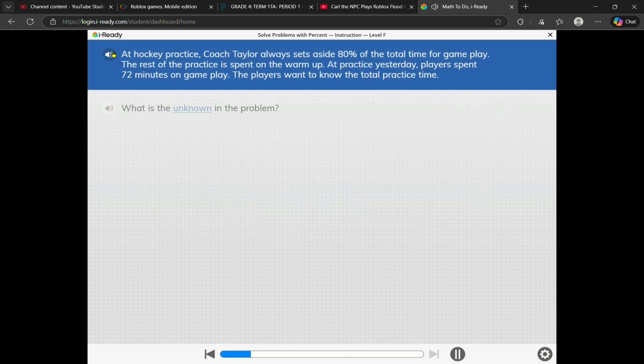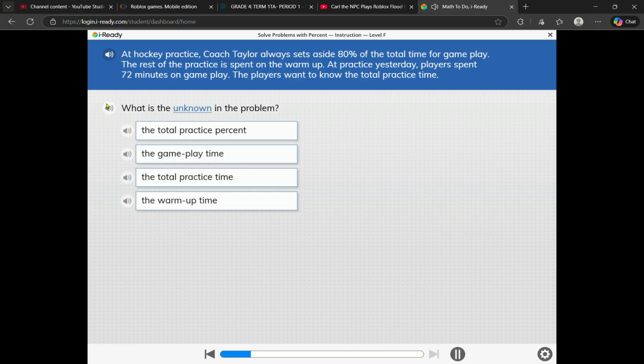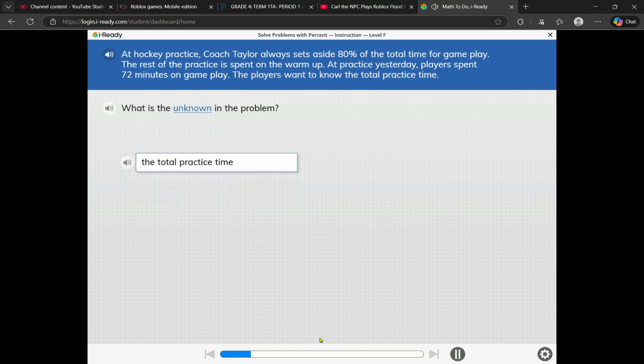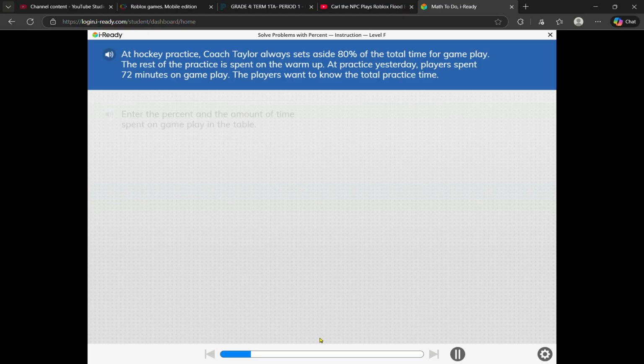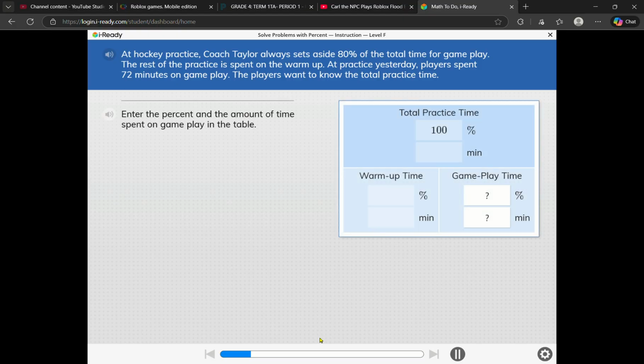At hockey practice, what is the gameplay time, the total practice time? The unknown is the total practice time. The total practice time is 100%.